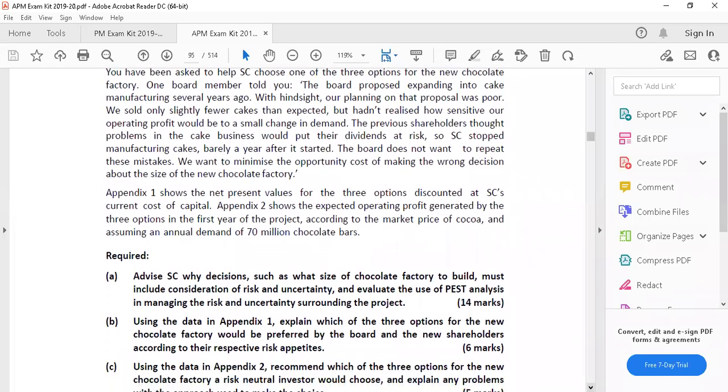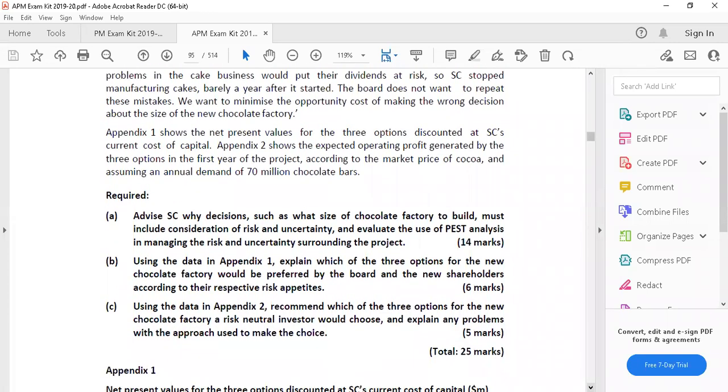The questions are first, advise SC why decisions such as what size of chocolate factory to build must include considerations of risk and uncertainty, and evaluate the use of PEST analysis in managing the risk and uncertainty surrounding the project. Second one talks about the risk appetite of the investor. So let's take this question to the Excel file, and then from there we will identify the points about each one, and then answer the question.